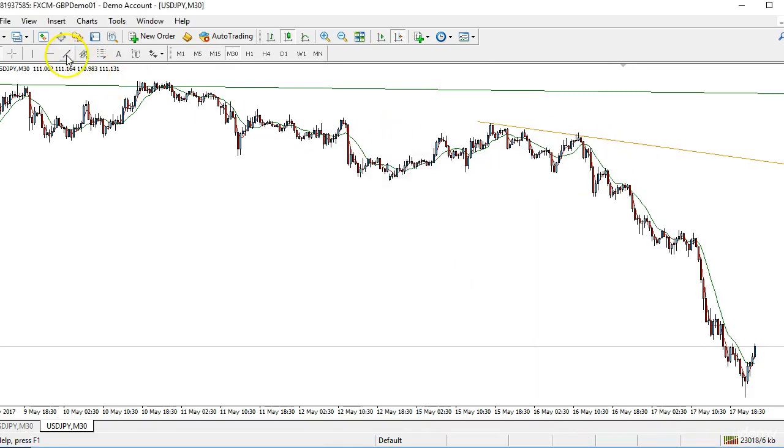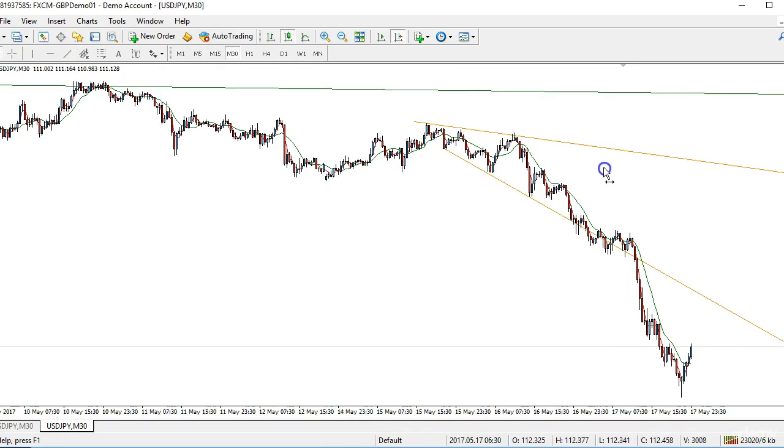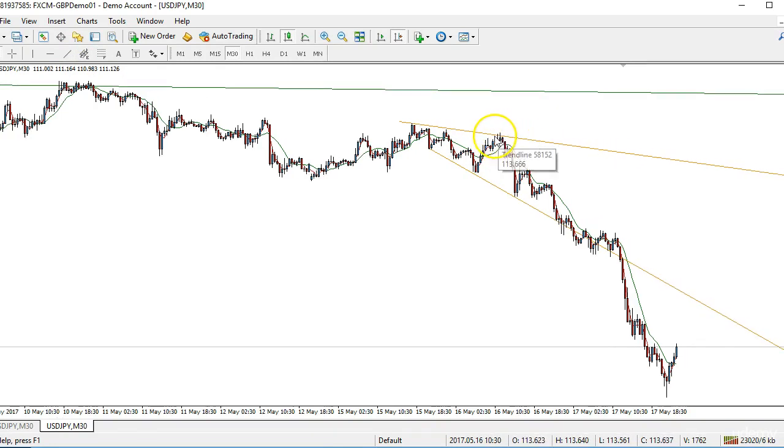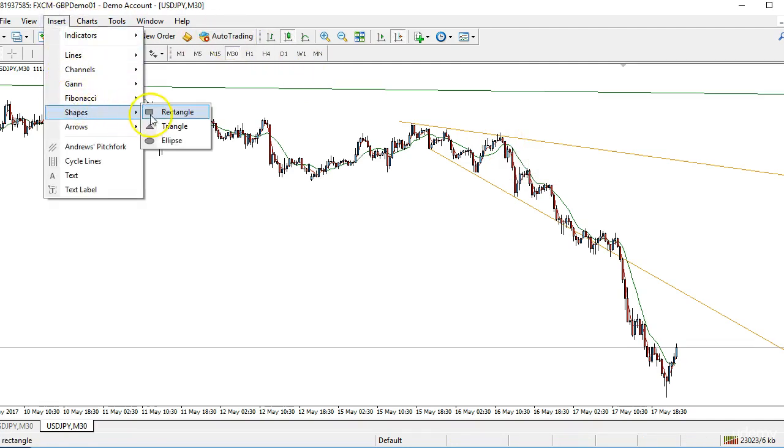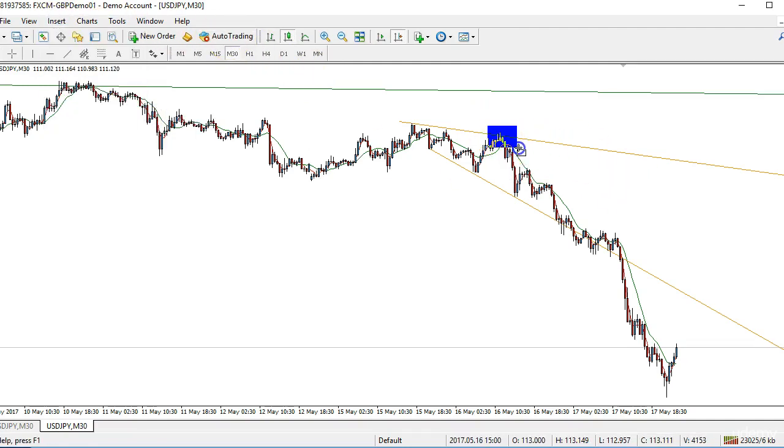And we can see that on the 15th and 16th of May, we started getting this megaphone channel, okay? And there was a key moment here, which happened at 12 o'clock on the 16th of May. If I put a little shape there, okay?